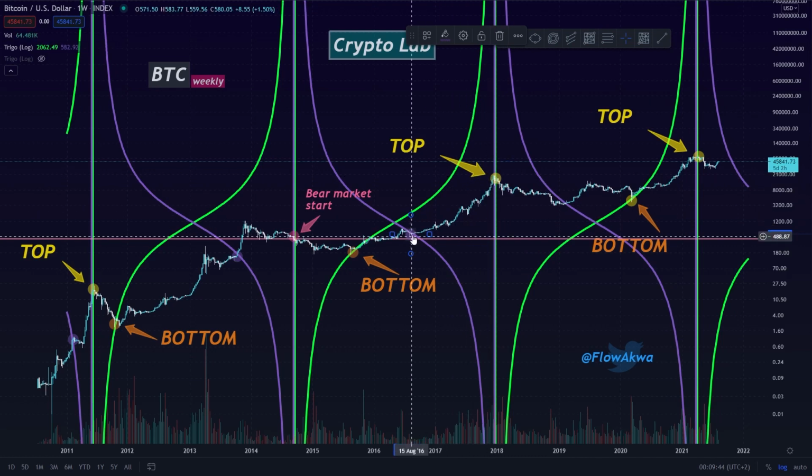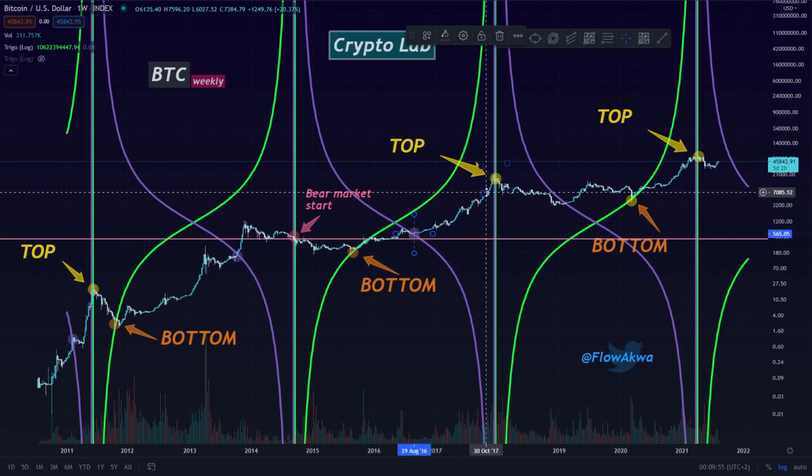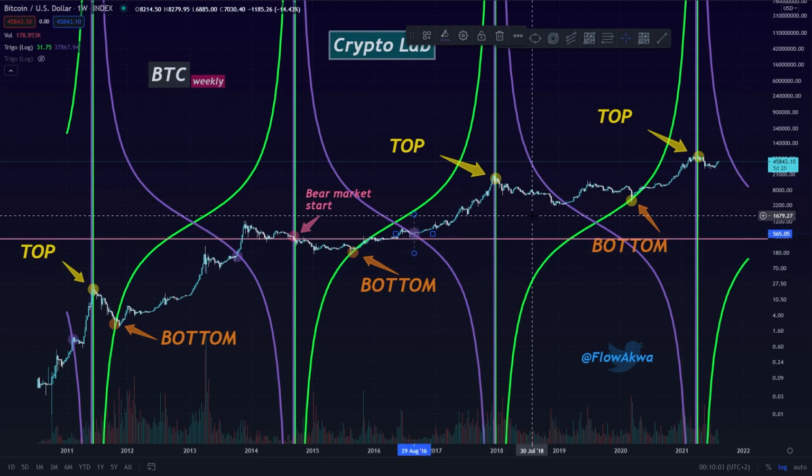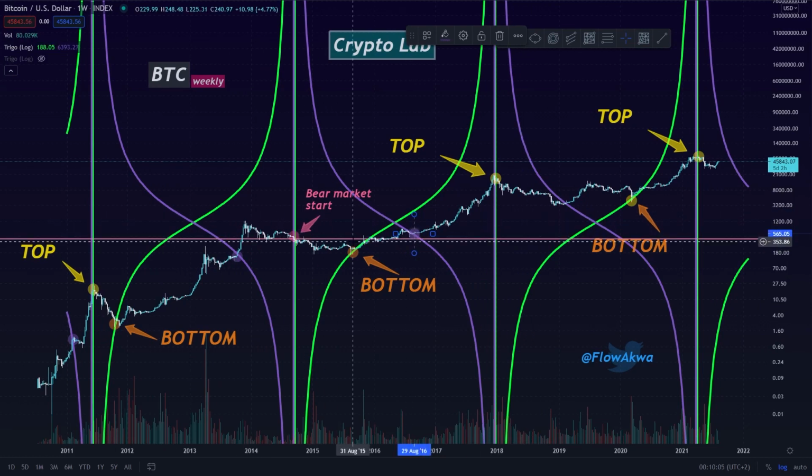Okay, so it's the same. If you bought Bitcoin right here, it was an amazing opportunity, because after crossing the line, we went straight up. So we have 1, 2, 3. Let's go on. Okay, this is so exciting, guys.